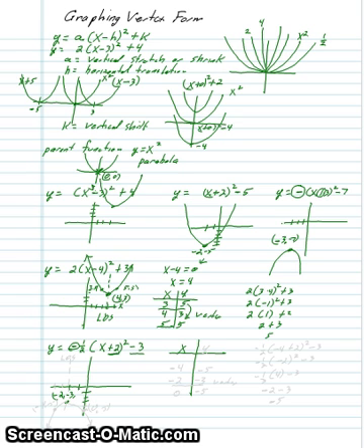Our vertex is at negative 2, negative 3. Here's our vertex. Now, I'm going to choose numbers that are divisible by 2. So if I use negative 4 and 0. See, negative 4 is 2 units from negative 2, which is the vertex, and 0 is 2 units from negative 2, which is the x of the vertex.